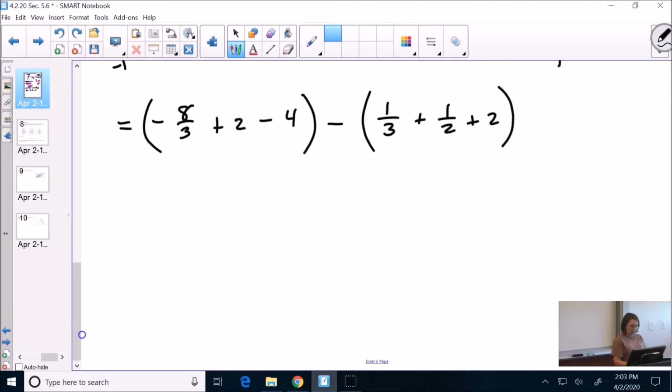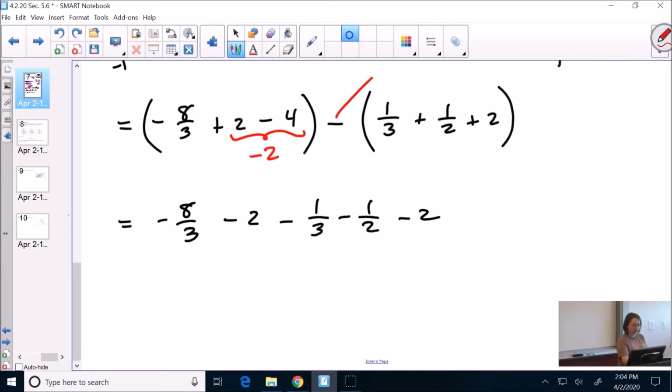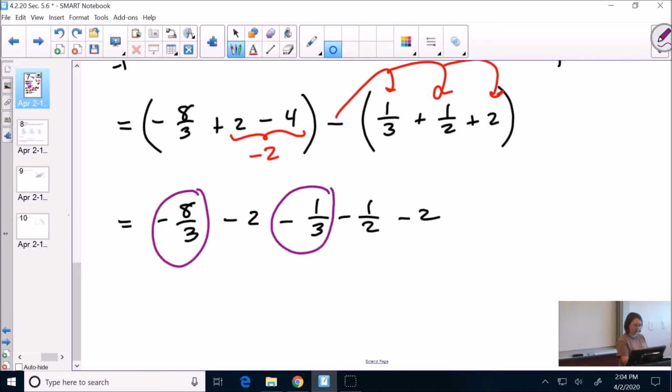Alright, we got fractions, we got stuff to simplify. Let's just copy all that. So negative 8 over 3 times 2, and then all these change to negative. We can distribute that negative. We can combine together common denominators, and we can combine together the negative 2's.